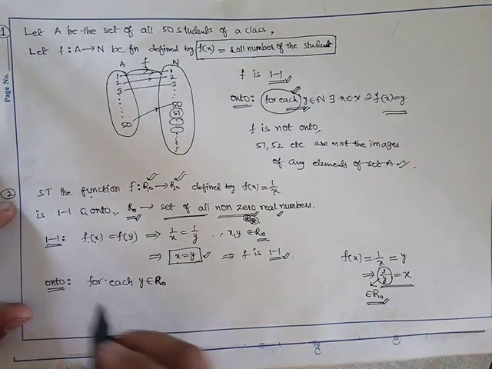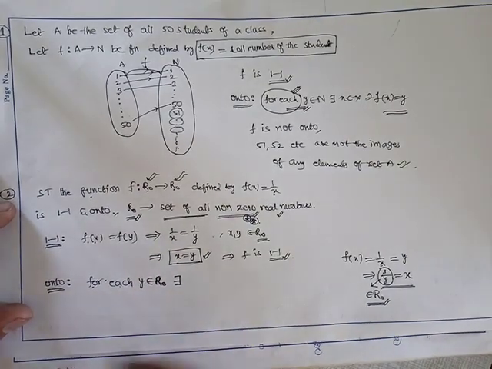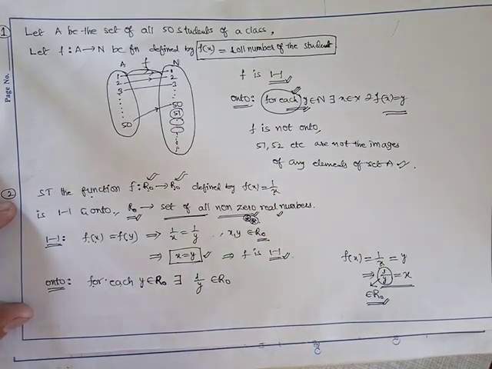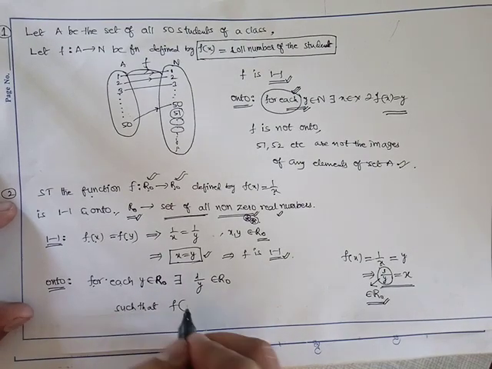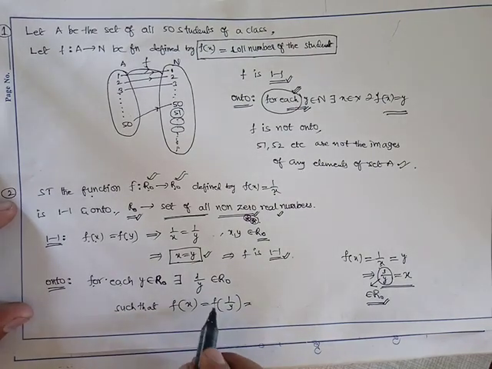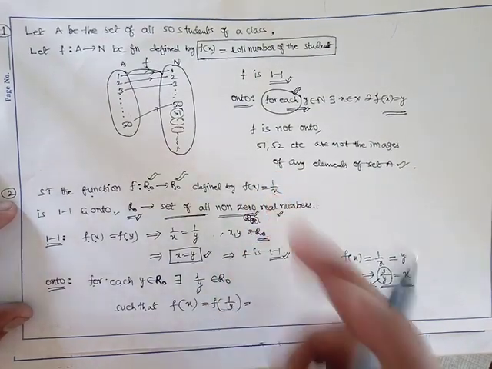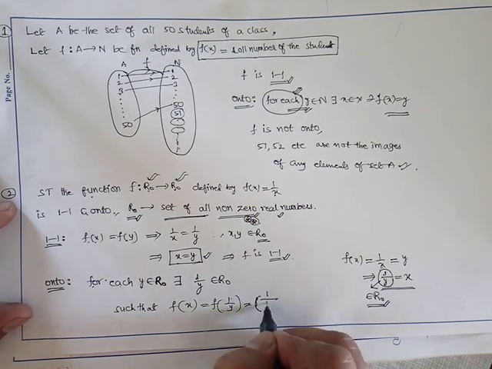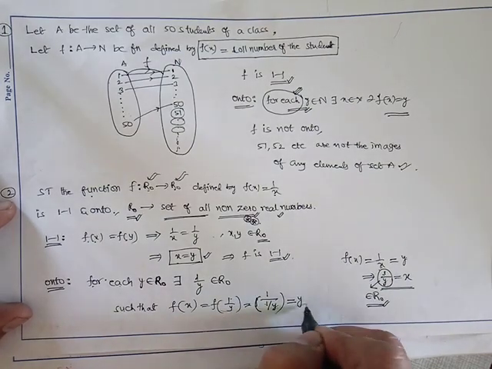So we can write in this manner: for each y belongs to R naught, there exists 1 by y belongs to R naught such that f of x is equal to f of 1 by y, and as the function is defined as 1 by x, f of 1 by y is 1 by 1 by y, which is y.